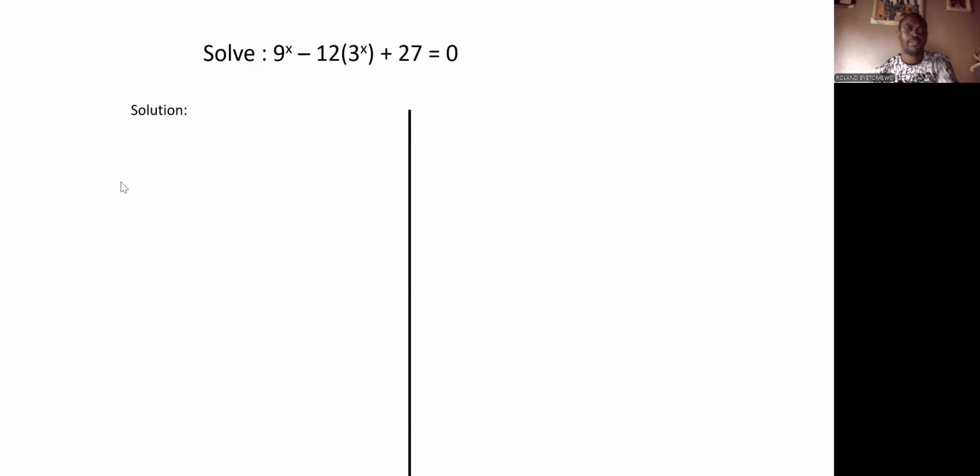Want to solve the problem 9 raised to the power of x minus 12 into 3 raised to the power of x plus 27 is equal to 0.